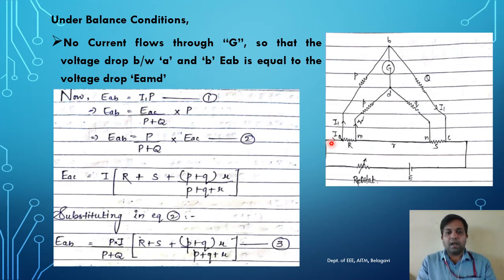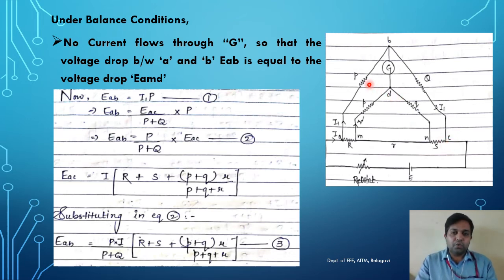And I1 can also be found with the help of the voltage value. So I1 is getting divided at this point, right? As we know, current is equal to voltage divided by resistance value. So the voltage at this point, point A, will be equal to what? From this point to this point, that is nothing but EAC divided by the total resistance between these two points. So the current I1 is passing from this point to this point.